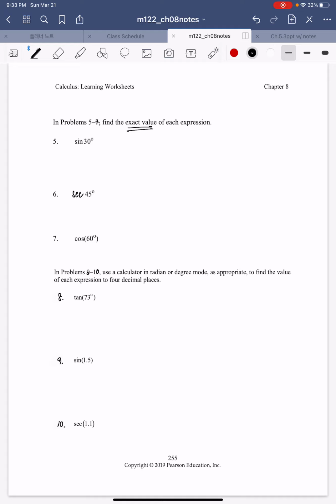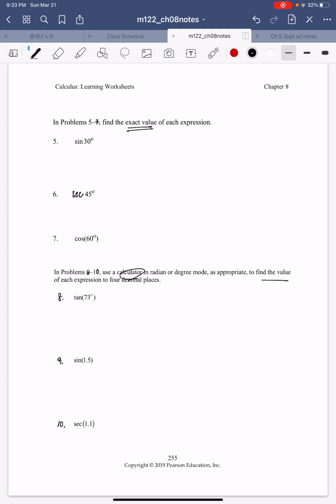For 8 through 10, you can use a calculator to find the value. For 5, 6, 7, exact values are those common angles: 30, 60, 90, 45. Something like 120 is also a fair question because you can use a reference angle of 60.